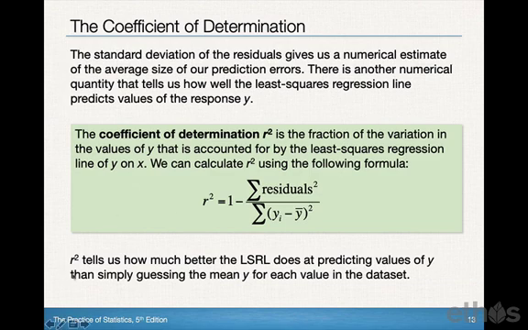Now let's look at the description down here. R squared tells us how much better the LSRL does at predicting the values of y than simply guessing the mean y value for each value. It's a percentage, and if you want some standard wording, it is in the book, I believe.